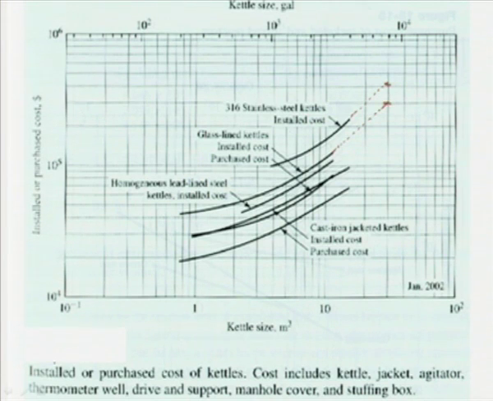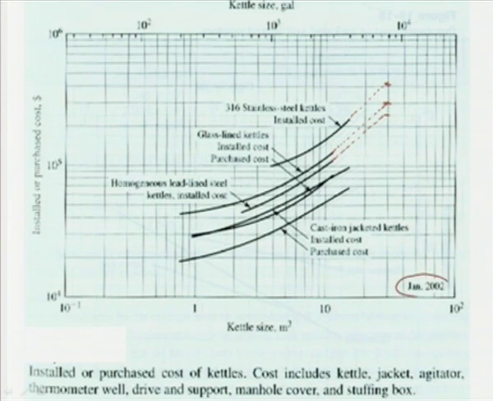Or if you find this not suitable, then you can go for 316 stainless steel or even regular stainless steel, lead line stainless steel. The cost will be a little bit less, but anyway you are not going to get below 200 to $250,000. So that is the point to note.